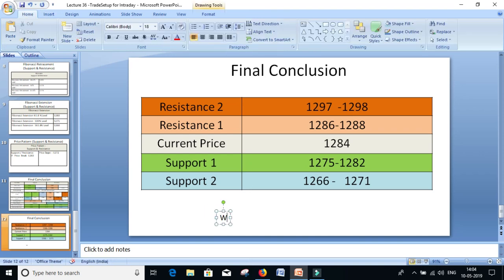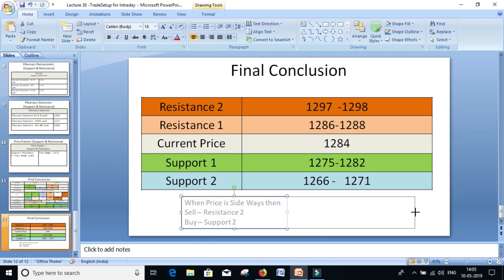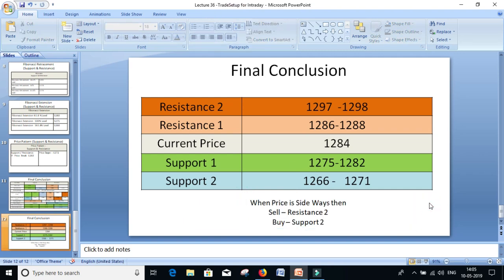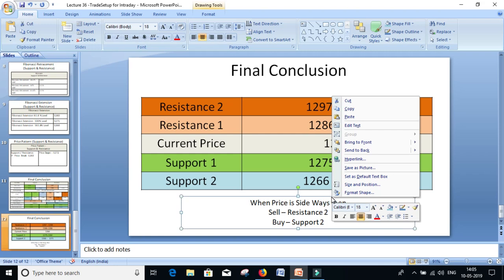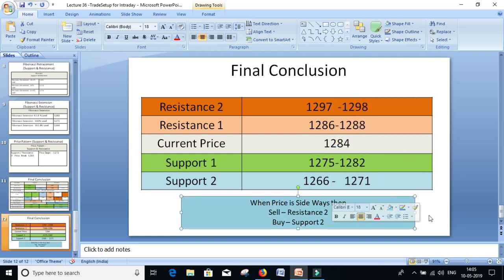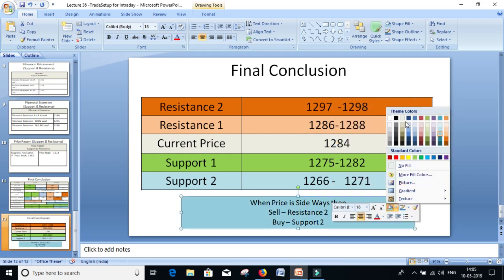So in this way we can easily identify the way you have to get this point.